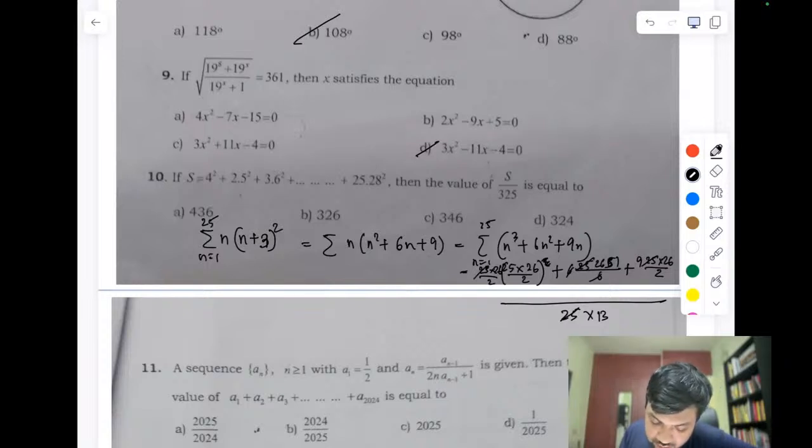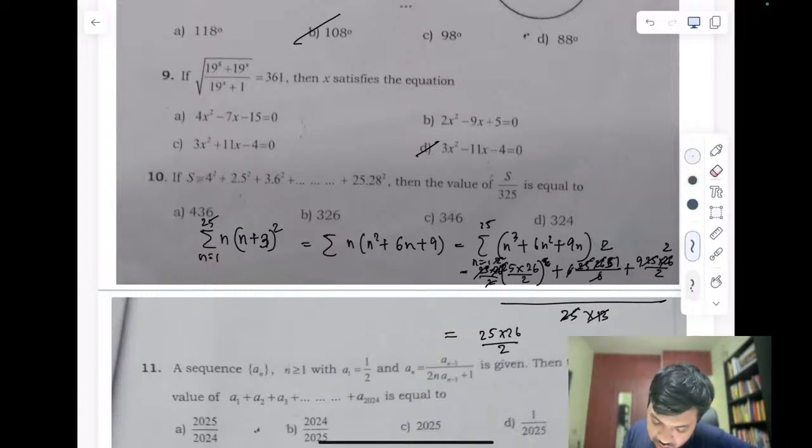I'm surprised that the answer is some small number. 13 you can cut off with the 2s. It's highly possible I'll make mistakes.